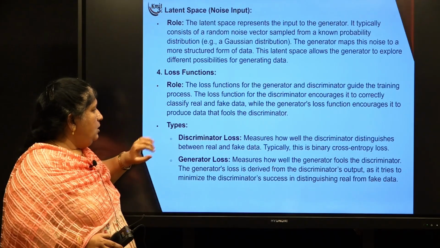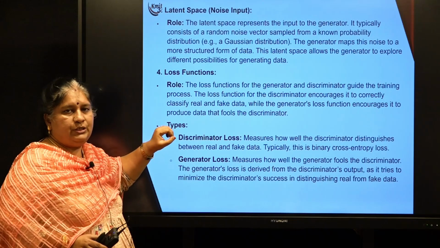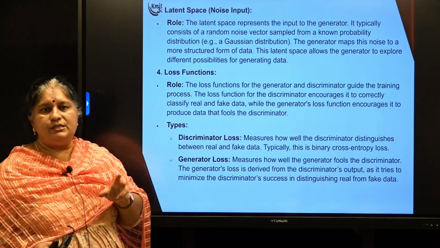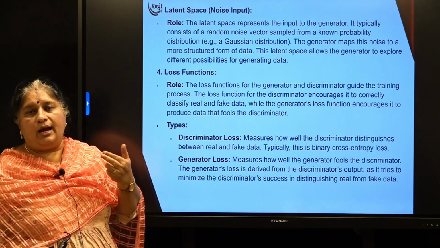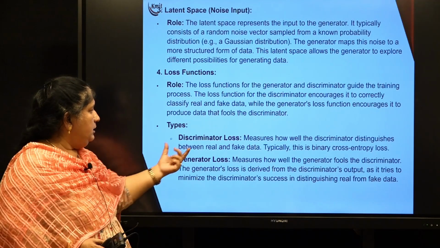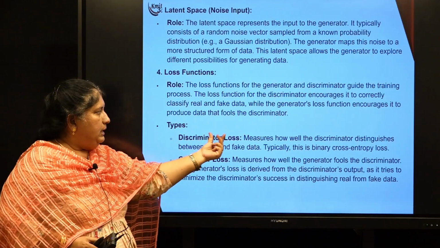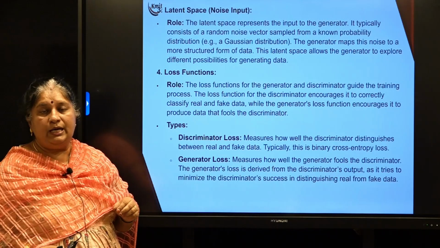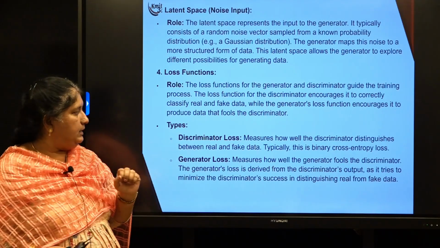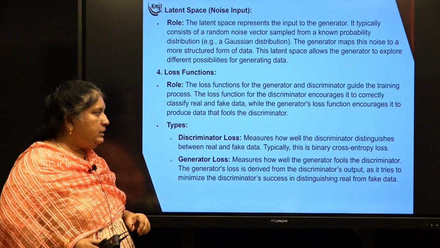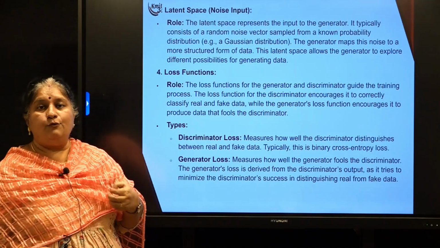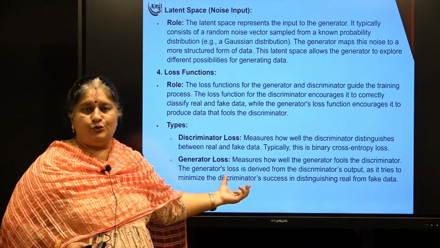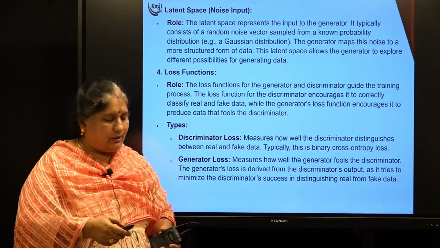Loss function, what is the role of the loss function? You are trying to identify the difference between the original image and the generated image. Discriminator loss measures how well the discriminator is able to distinguish between original data and synthetic data. Generator loss measures how well I could fool the discriminator. Based on that we measure the generator loss.